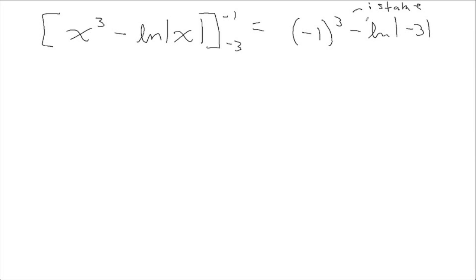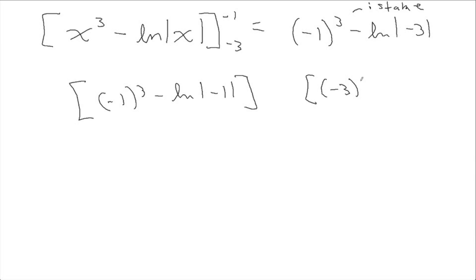It turned out there's two different subtractions in this problem. There's the subtraction inside the brackets, and then there's a whole different subtraction subtracting the two brackets, which is what this notation means.